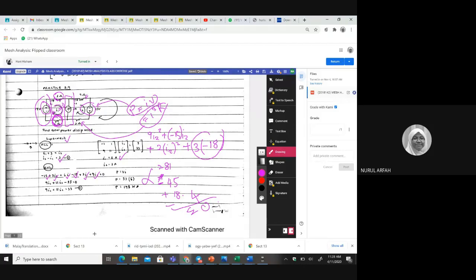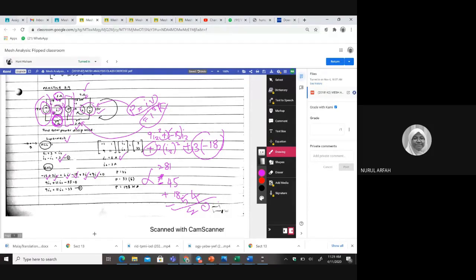How much? 54. Is this correct? Wait. You have something wrong. You seem correct but maybe there is something wrong. You check back the sign. But all 4 elements here should be there: 9 ohms, 15 volt, 2 ohms and 3 amps.